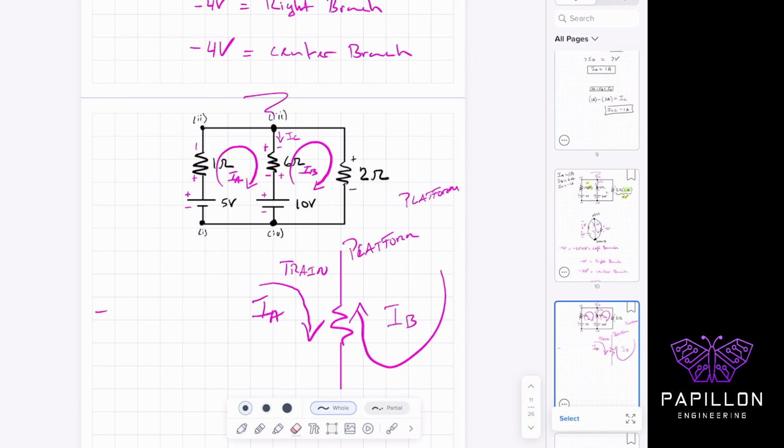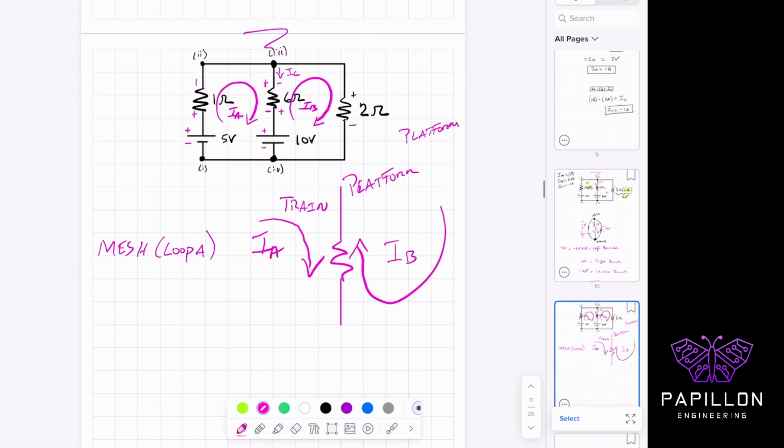So when you do this and you just write your mesh equation for the left loop, or mesh loop A, the only thing you've got to do is think about it as if you are on a train, IA. How does IB look to you? Well, it looks like IA is going across IB, and that's it. Don't overthink anything. So let me explain what I mean again.